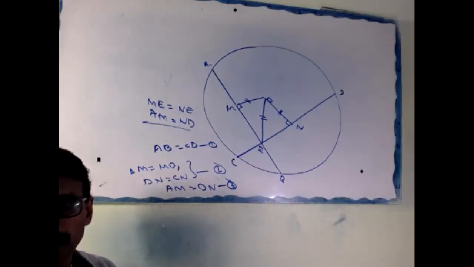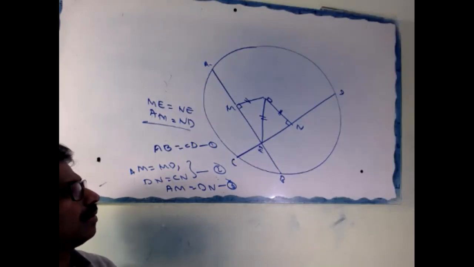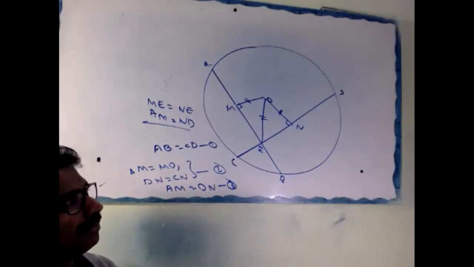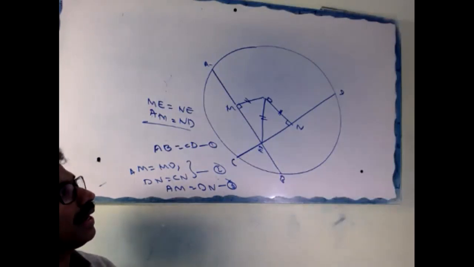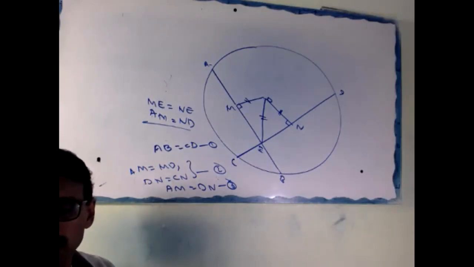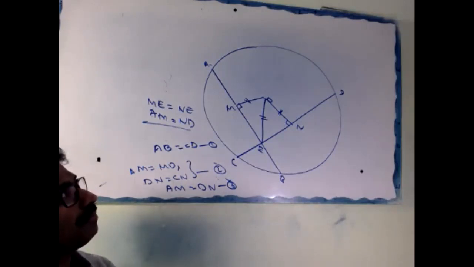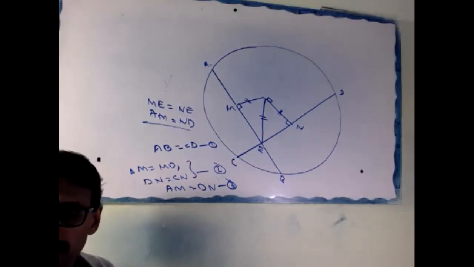We already proved AM and DN equal. So we added AM plus ME equal to DN plus NE. That is AE equal to DE. Is it clear now?